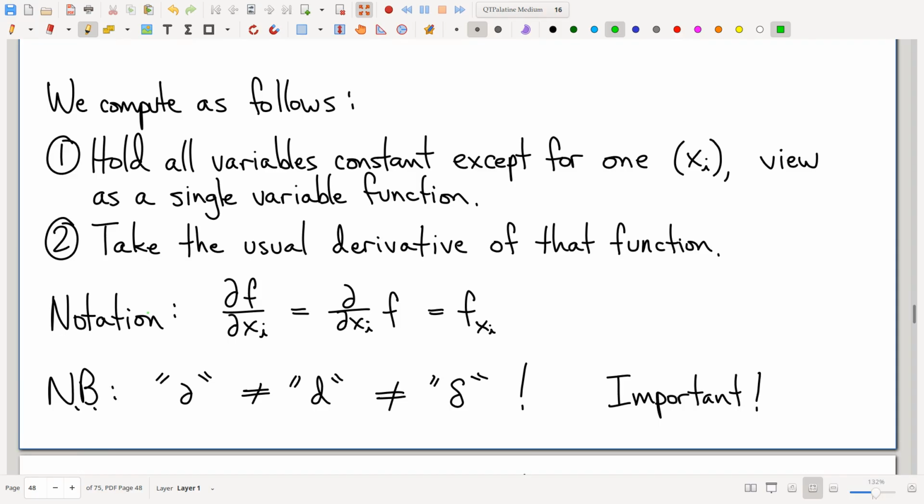Here's the definition. A little bit of wishful thinking in this definition. We have a multivariable function. We have several input variables. We're just going to say, you know what? Let's pretend most of them are constants. It's wishful thinking. Can you really do that?